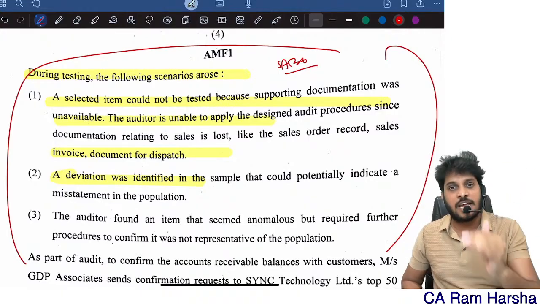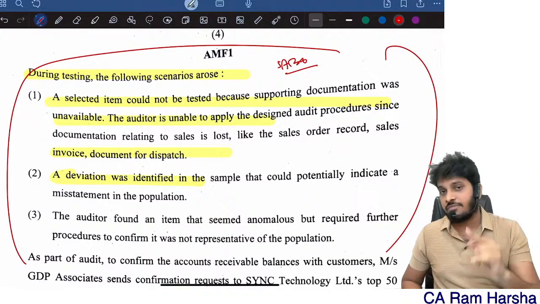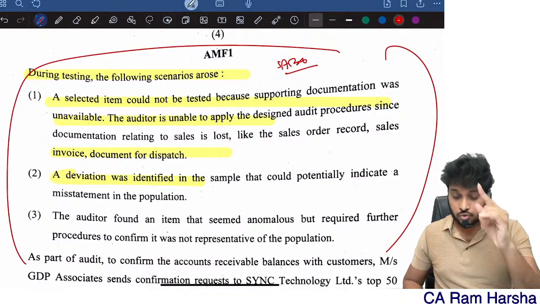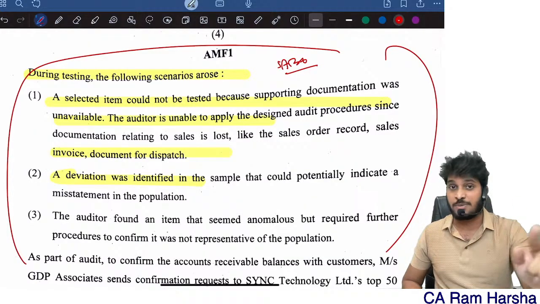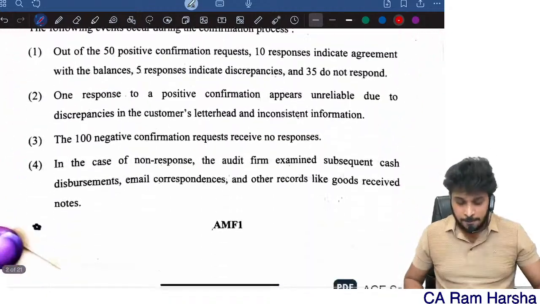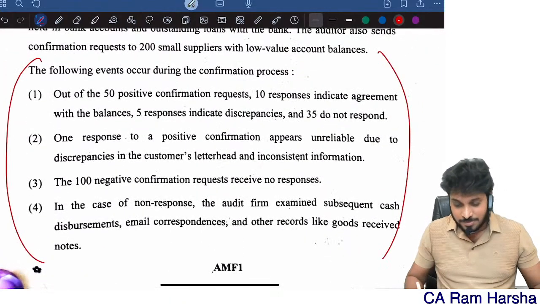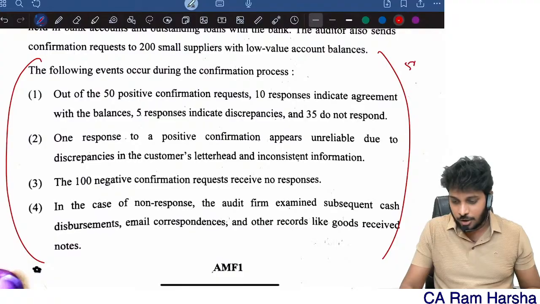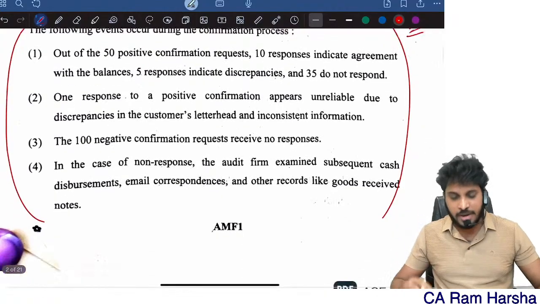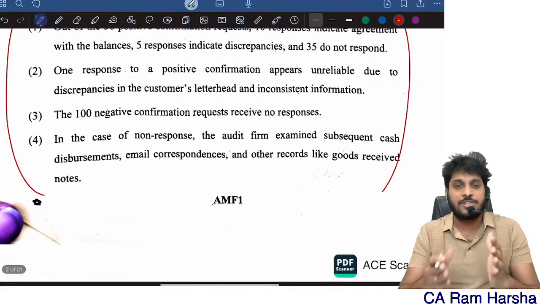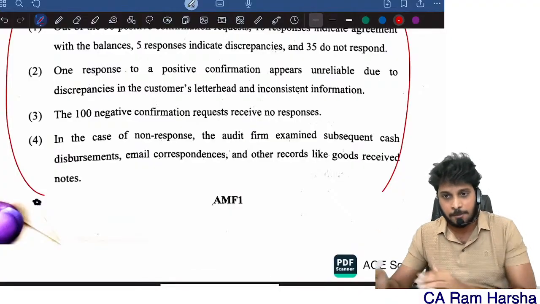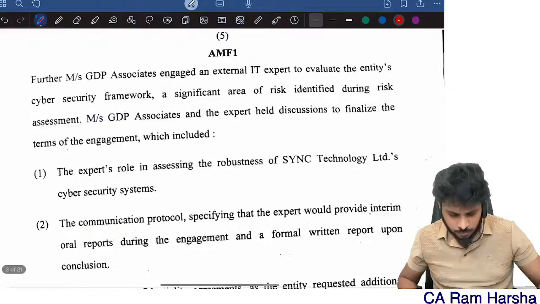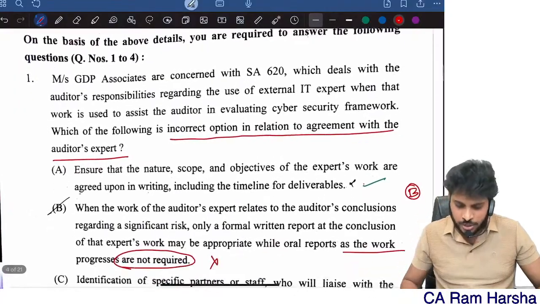Many times I told in CA Final sessions and even marathons, I requested everybody to watch my CA Inter marathon too. But anyhow, it's okay. Even external confirmation, SA 505 also, they ask everything in depth. These are all CA Inter syllabus, which the Institute itself told us to refer to.